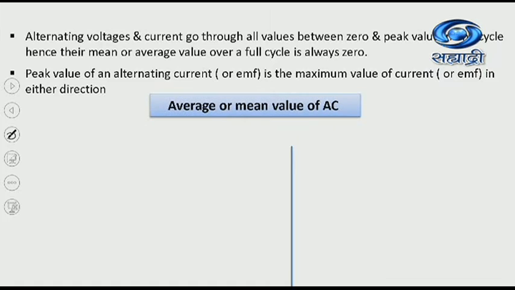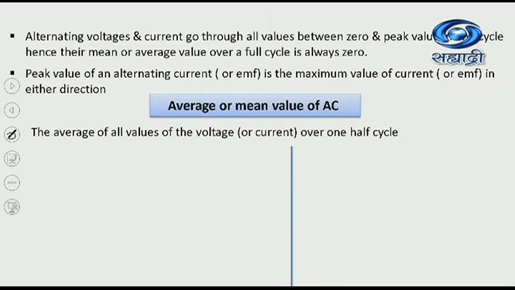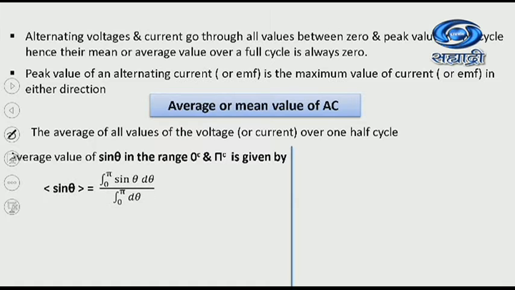And that's why if you find the average value over a complete cycle, it will always be 0. That's why whenever we find average or mean value, we consider only half cycle. So the average value of all the values of voltage or current over a half cycle is called the average or mean value of AC.